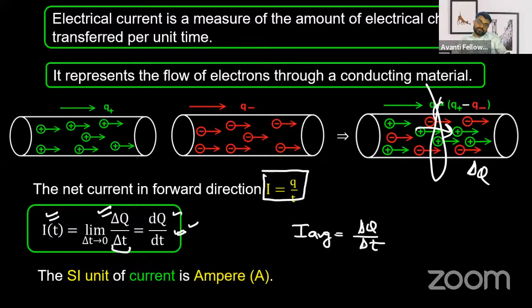The SI unit of current is ampere. Write this thing, ampere. What is it? Coulomb per second is nothing but ampere. I hope it's clear. Write these things in your notebook.